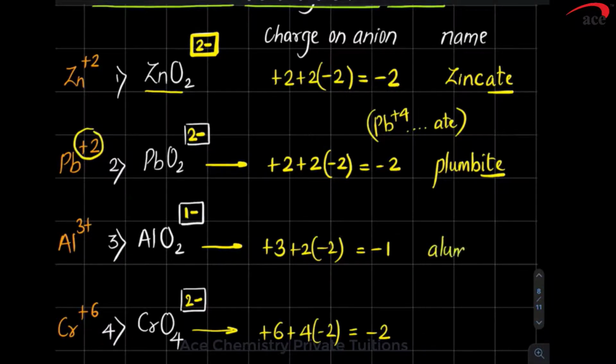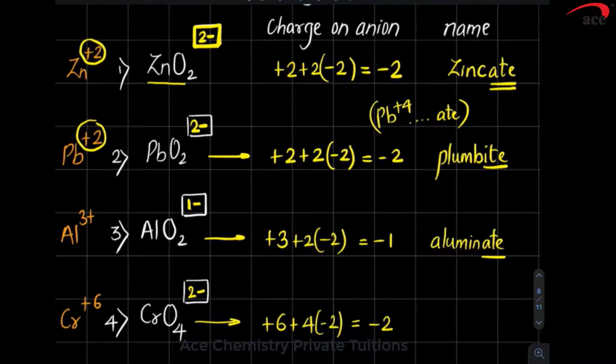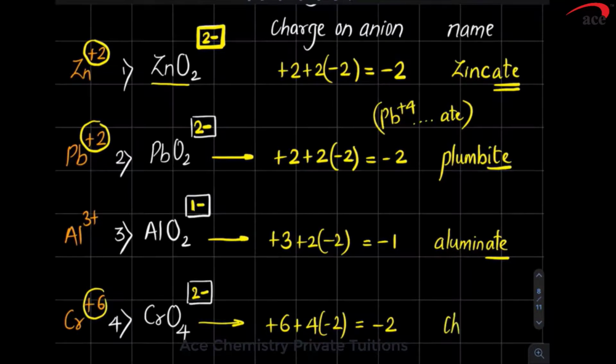While aluminium +3 is the only oxidation state, so you'll say aluminate. Only one, so that will be the higher one. Zinc has also only one oxidation state of +2, only one. You can consider it as the highest. So zincate, aluminate, and chromium, this is the higher oxidation state. So it gets the name what? Chromate.